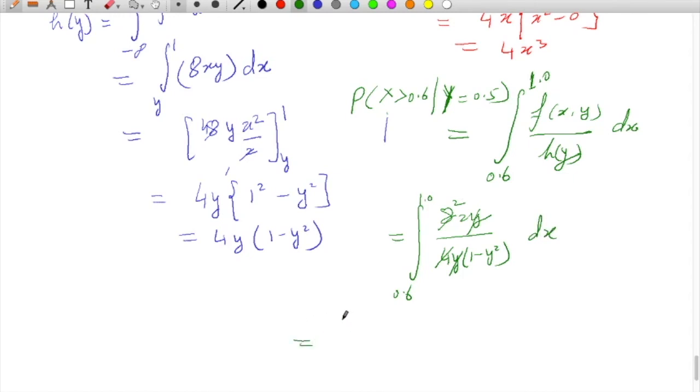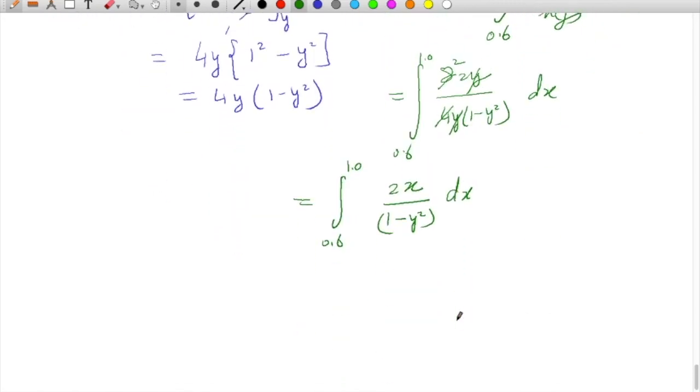That will give us the integral from 0.6 to 1.0 of 2x upon 1 minus y squared dx. The given value of y is 0.5, because this is what we want: x more than 0.6 when given y equal to 0.5.